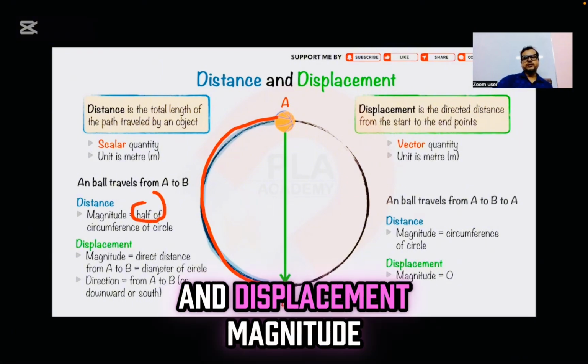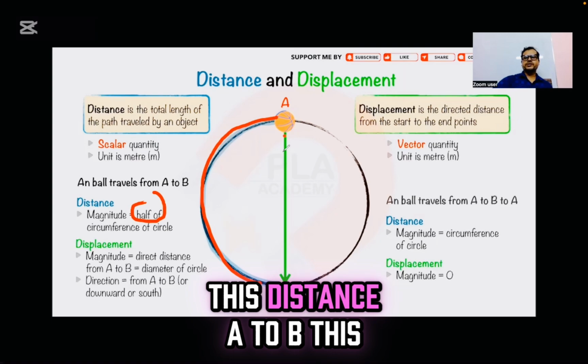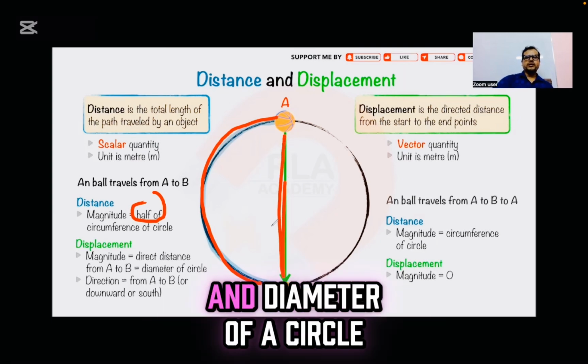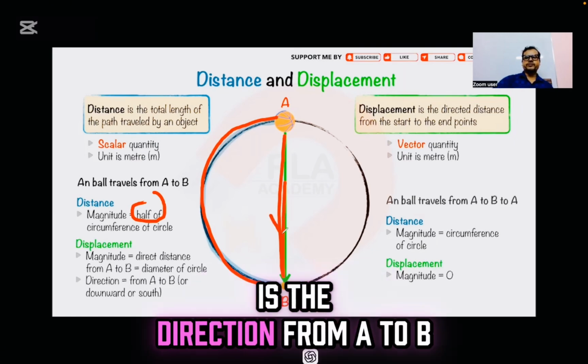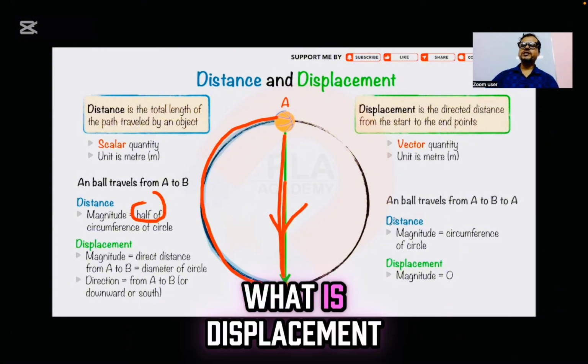And displacement is the magnitude of the direct distance from A to B. This distance from A to B is actually the displacement, which is the diameter of the circle. The direction is from A to B, downward, south. What is displacement?